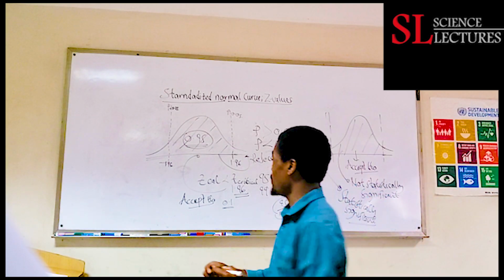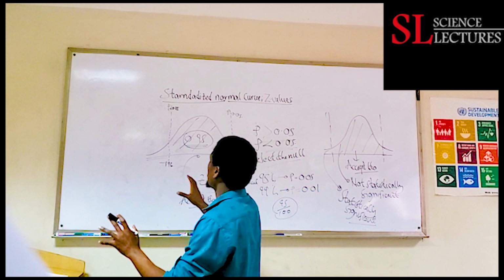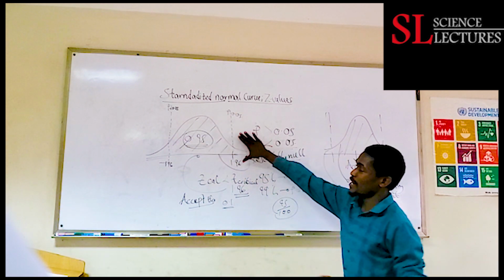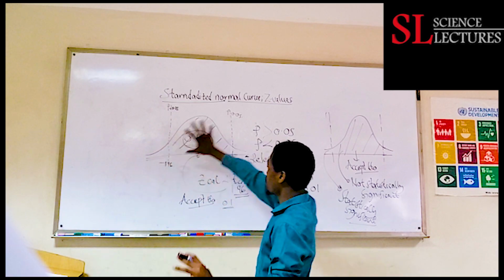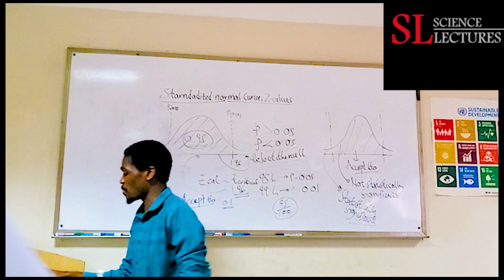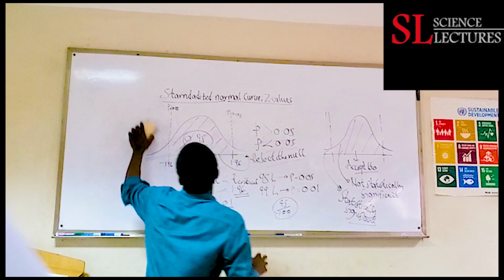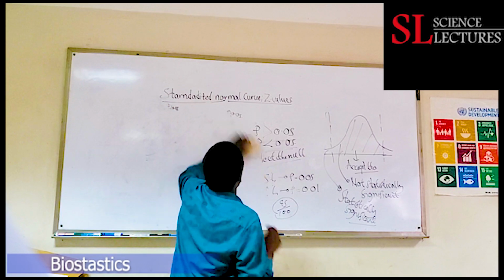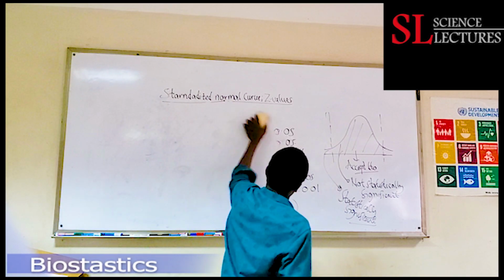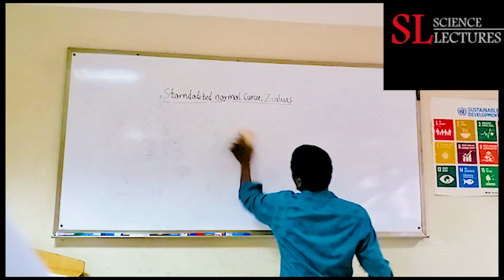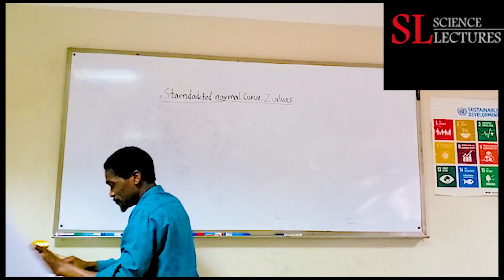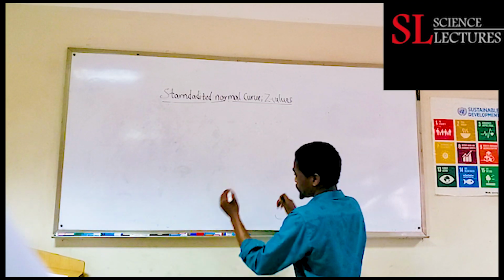But again, we are going to combine a probability of 0.05 and a probability of 0.01 on the same graph, and we try to summarize the concept of defining the probability and the statistical significance. So we'll have a graph combining both.